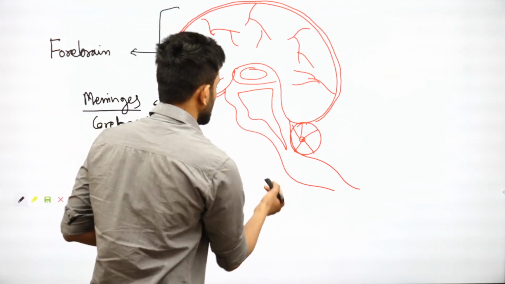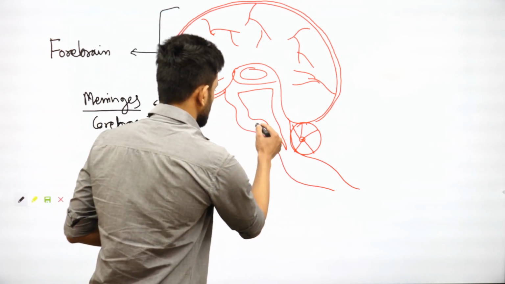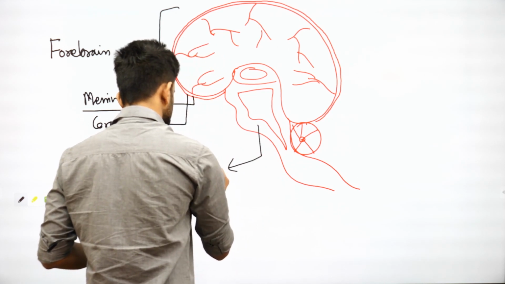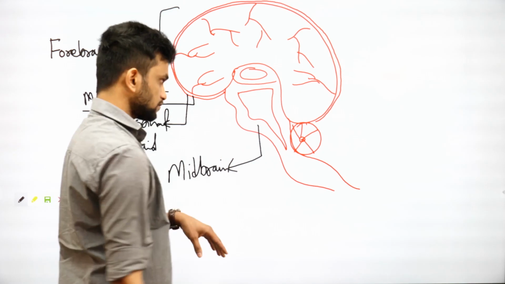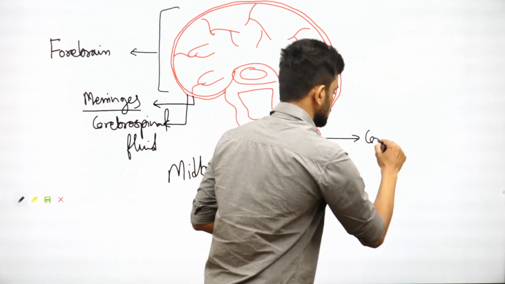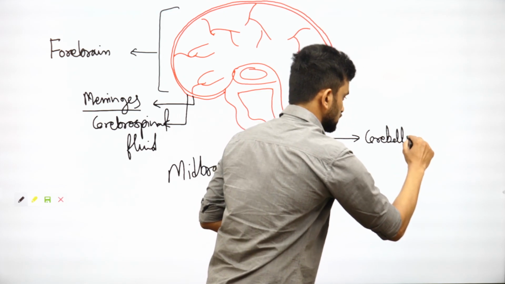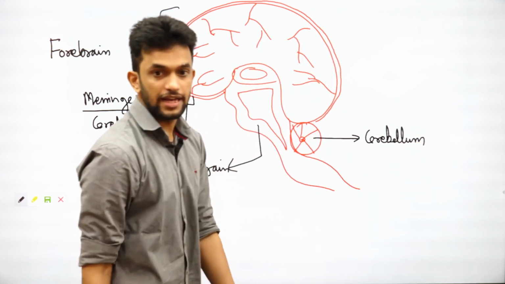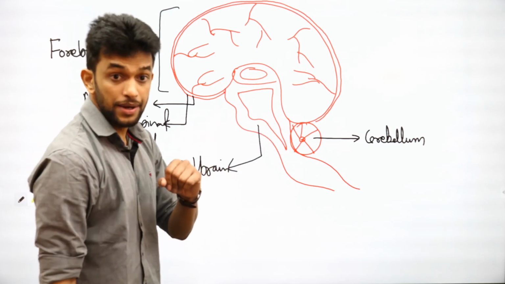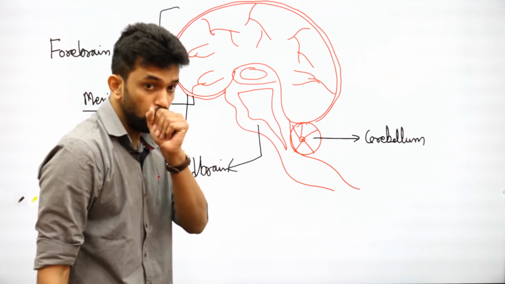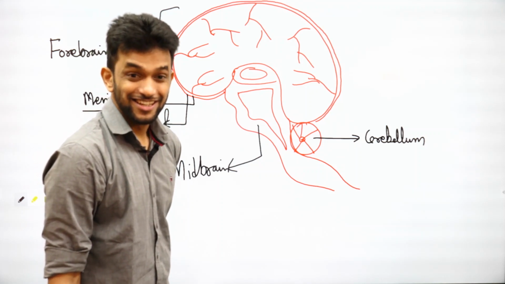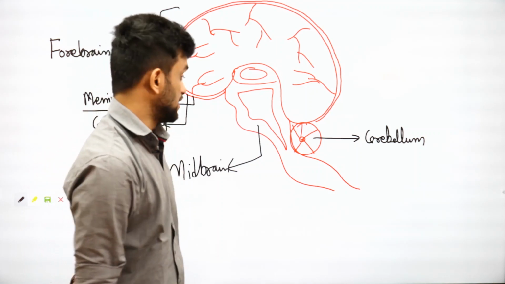That was the forebrain. Then we have midbrain over here. This is cerebellum. Cerebellum is part of hindbrain.